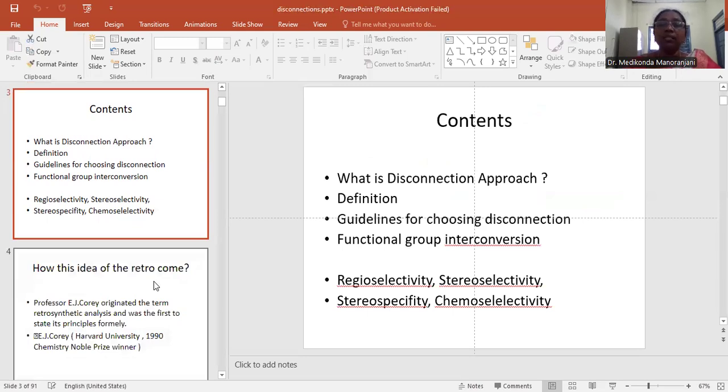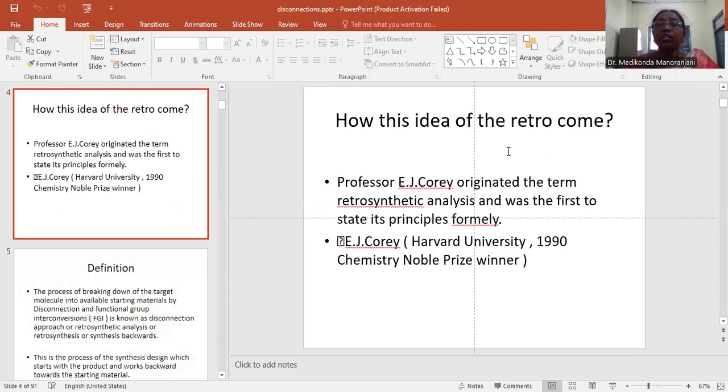Now the contents which we are going to study in this chapter are: what is the disconnection approach, the definition of disconnection approach, guidelines for choosing disconnection, functional group interconversion, regioselectivity, stereoselectivity, stereospecificity, and chemoselectivity. How did this idea of retrosynthesis come?